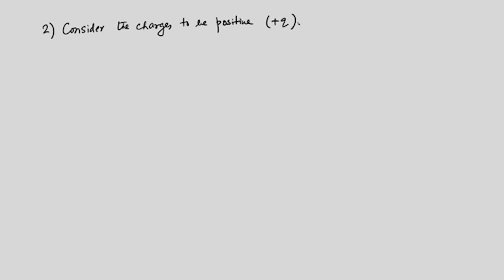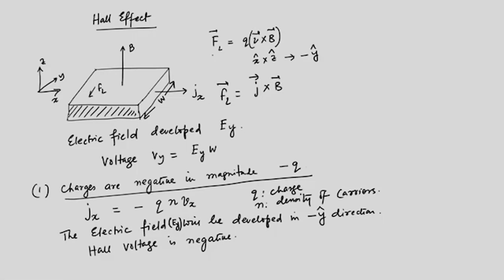If that happens, then Jx is equal to q n Vx, and Vx is of course flowing in the positive x direction. Let me show you what happens to the charges in the first case that we have talked about. So this is the edge, and all the negative charges will, let me show it here.